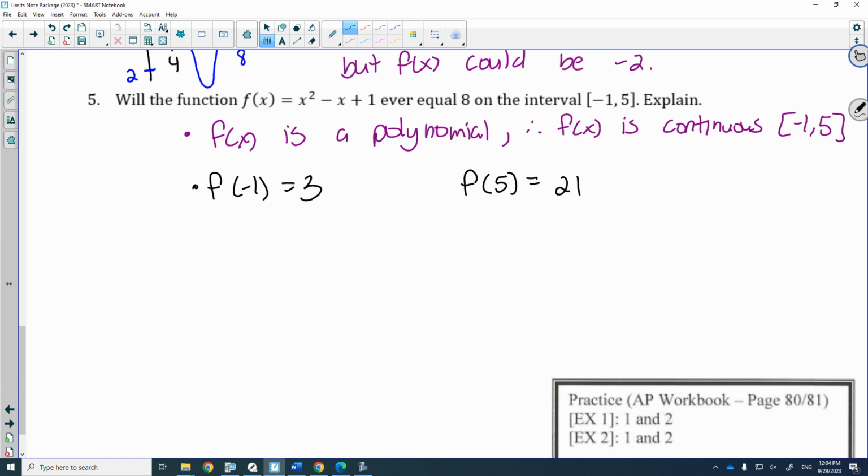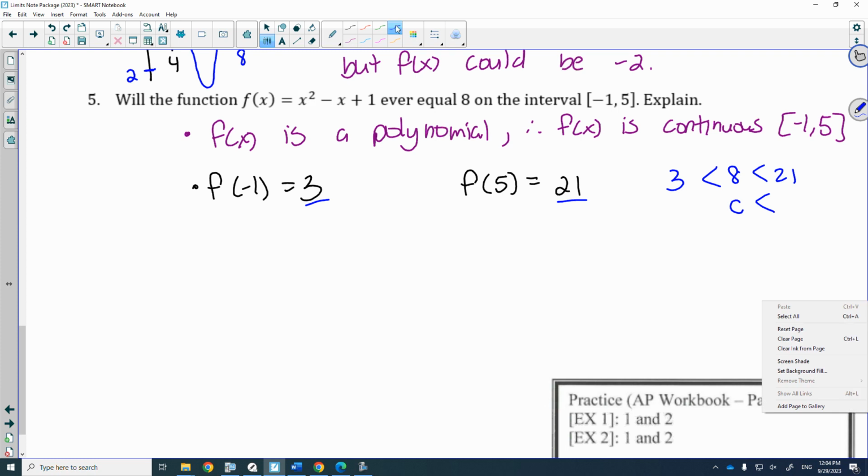So this polynomial graph, the y values are going from 3 to 21. Will that graph ever equal 8, the y value of 8? Yes. Okay. So I know that 8 is less than 21, greater than 3. So there's going to be a c value less than 5, greater than negative 1.